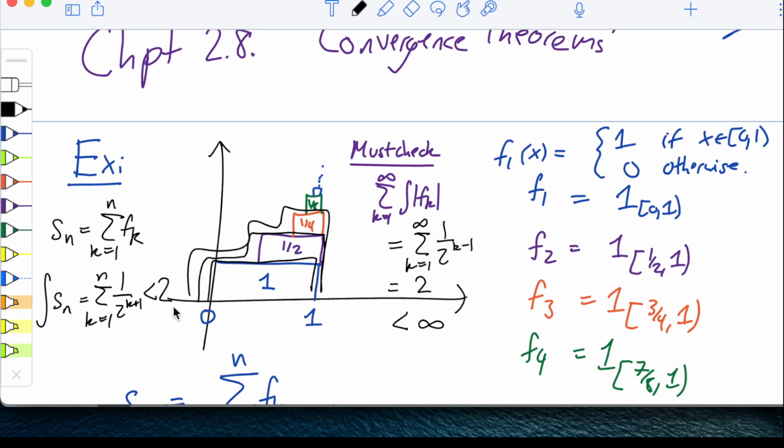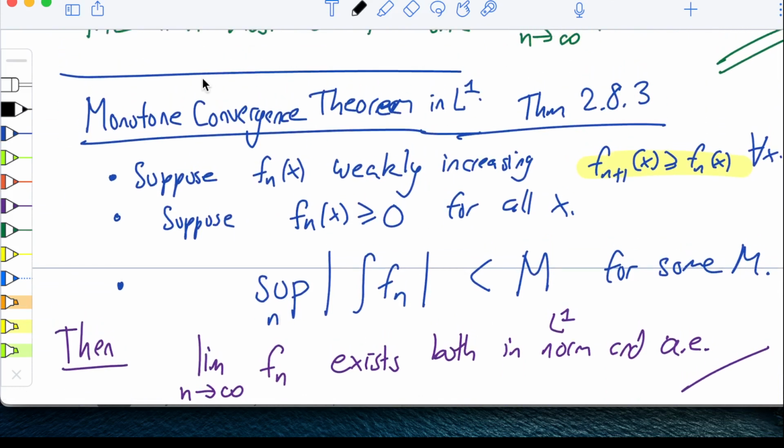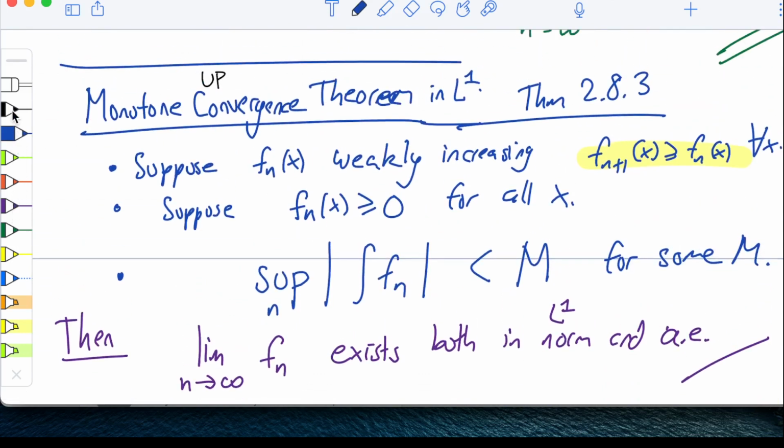Does it go the same way when it's monotone? Yeah, this is a good point. There's another version where it's going down. This is the monotone up convergence theorem. There's also the monotone down convergence theorem, where you would replace increasing with decreasing and greater than or equal to 0 with less than or equal to 0. So if they're going down to something, that's fine too.